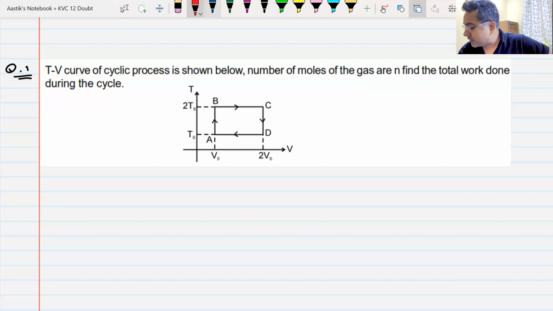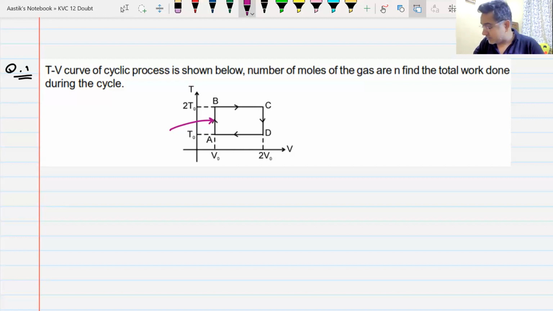What is this process from A to B? I hope everyone can see this. If you want, I can show you a bigger picture. Isochoric. Okay, thank God. It's an isochoric process.